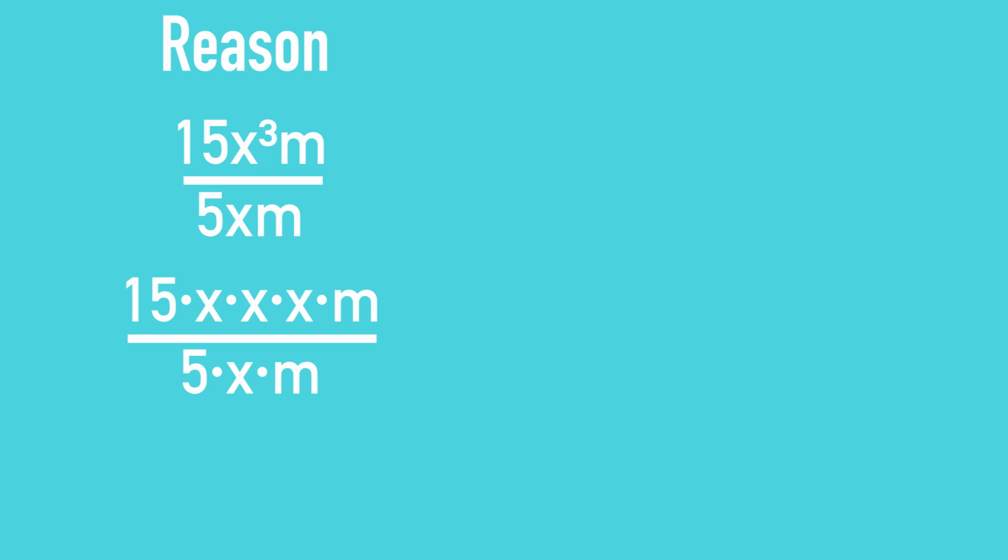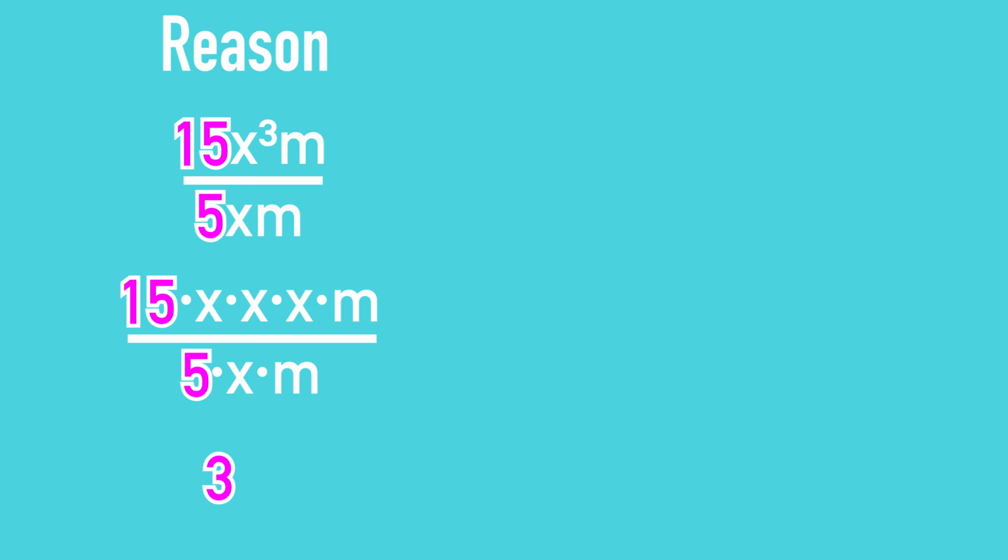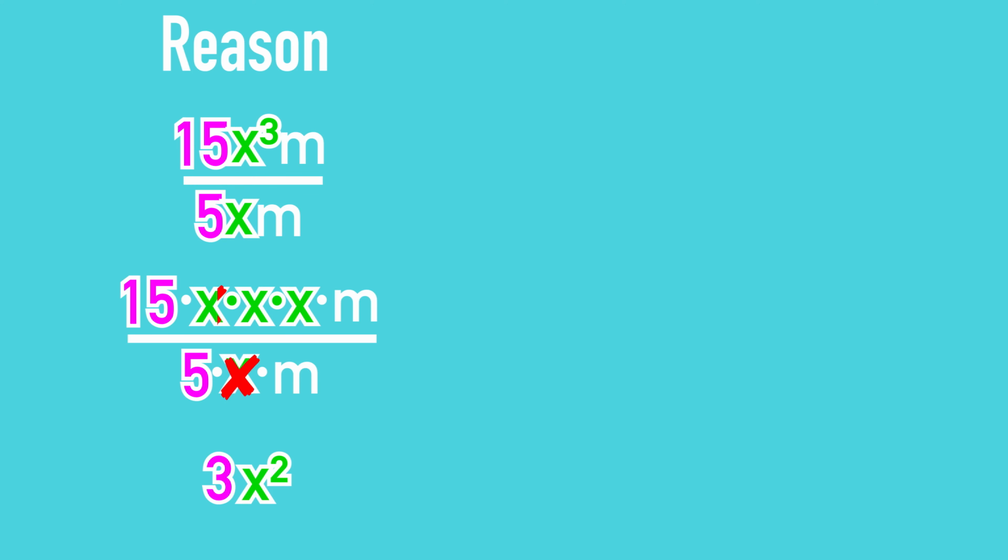Imagine we have 15x to the third m divided by 5xm. This could be rewritten as the product of 15, x, x, x, and m over the product of 5, x, and m. We see that 15 and 5 divide to give us 3, while the x in the denominator removes one of the x's from the numerator by dividing it to equal 1.